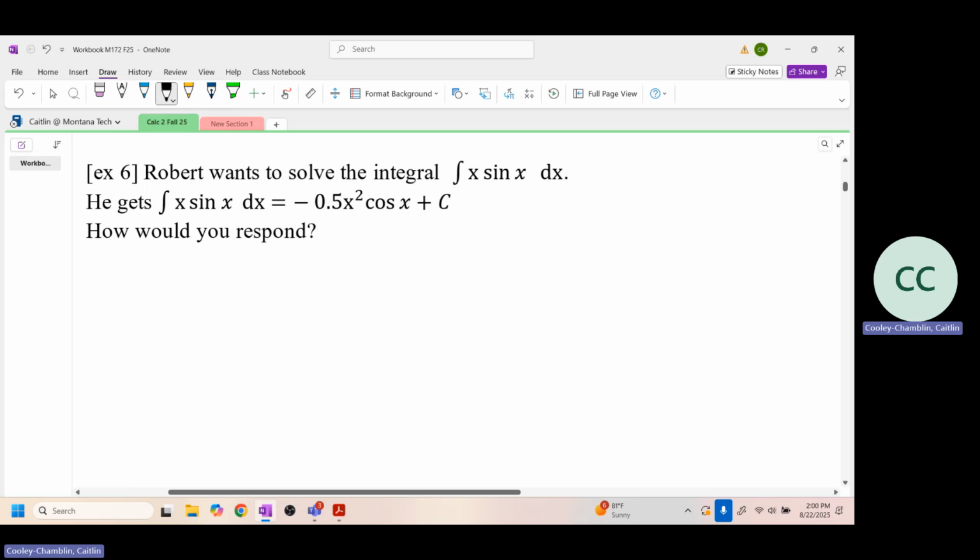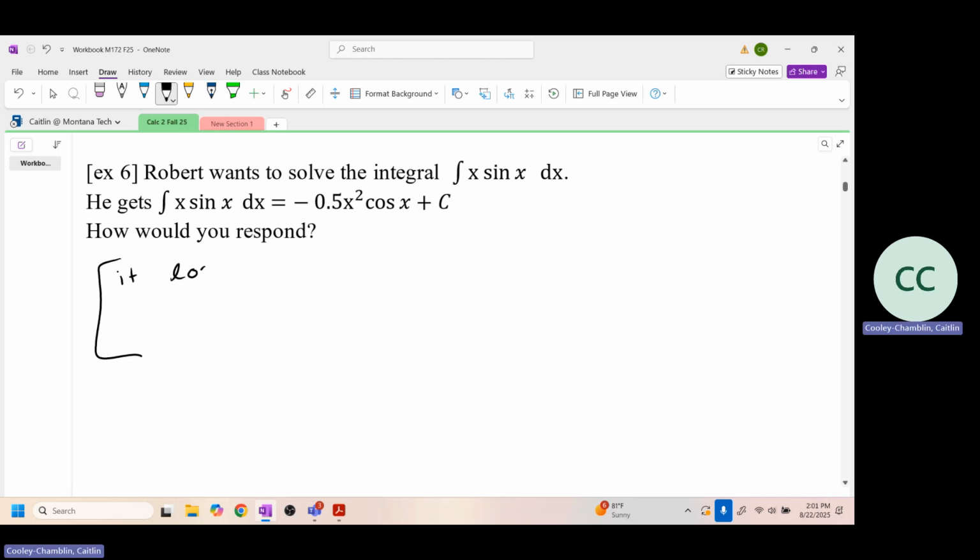Robert wants to solve the integral of x sine of x dx. He gets the integral of x sine of x dx equals negative 0.5 of x squared cosine of x plus c. Now, sometimes I like to know what in the world Robert is doing. How did he get there? And to me, I just kind of write off to the side.